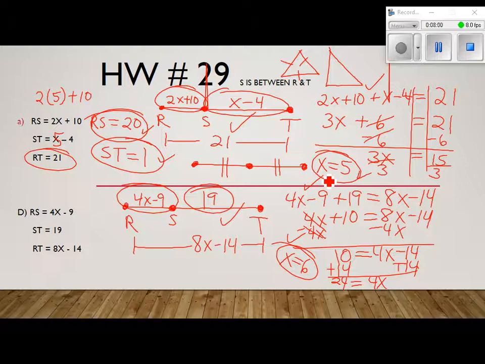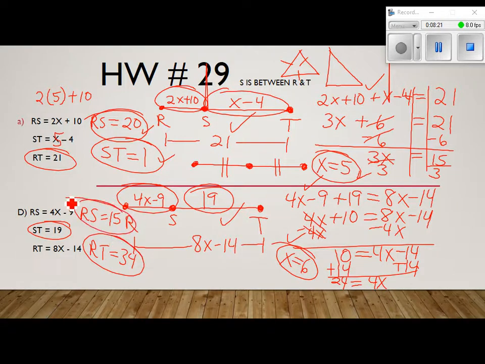We take that x, we already know this one, to find the RS, the length. Plug 6 back in. 6 times 4 is 24, minus 9 is 15. Find RT. 8 times 6 is 48. 48 minus 14 is 34. 2 more points there.